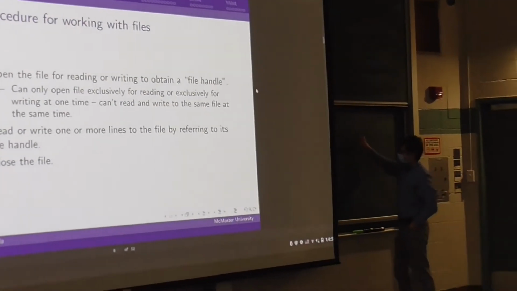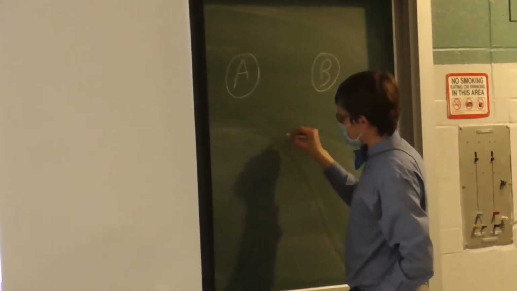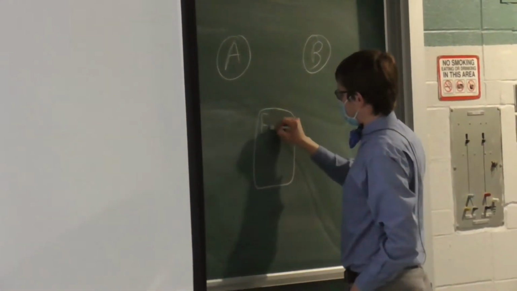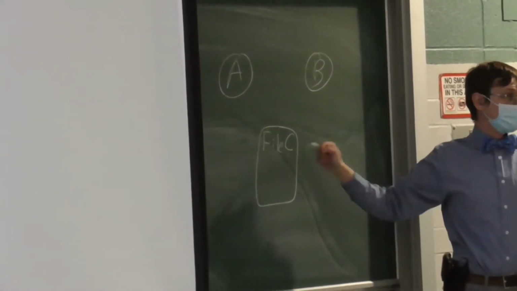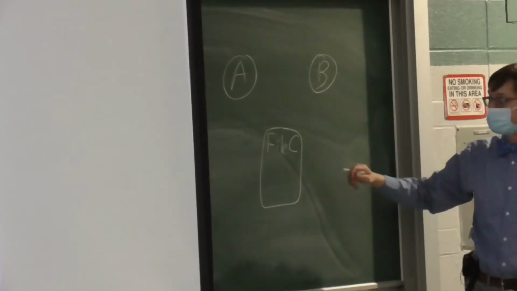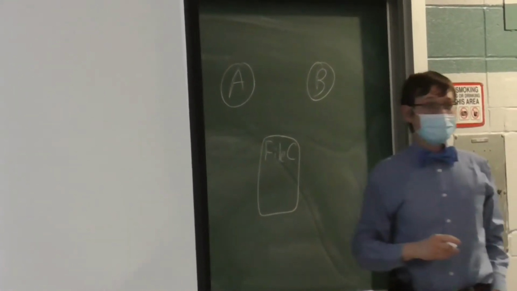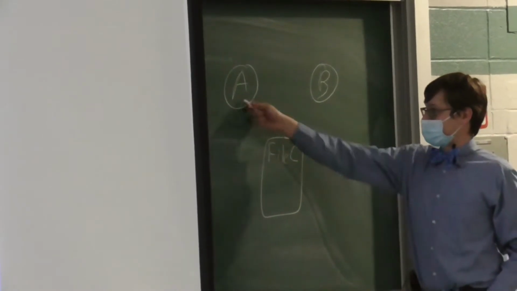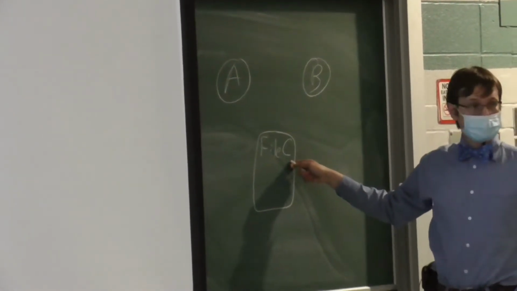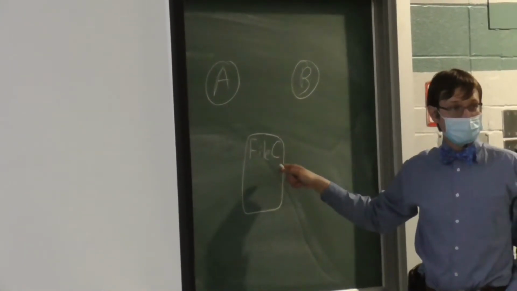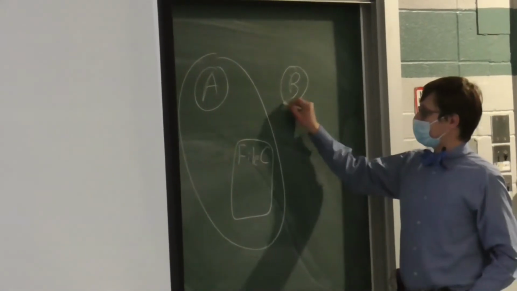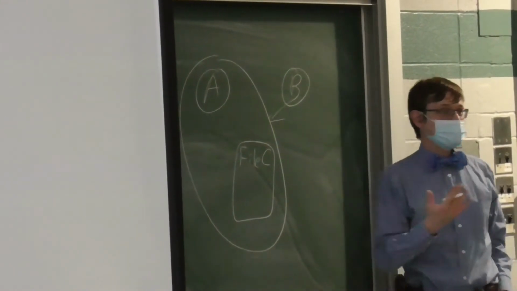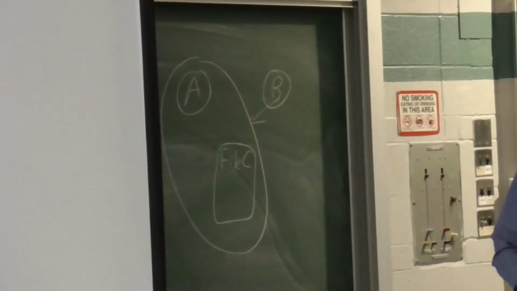So let's say we had program A and program B using file C, right? Both of these programs want access to file C. What actually happens is the first of these two to request opening file C forms a lock on it, which program B can't penetrate because the operating system prevents it, right?